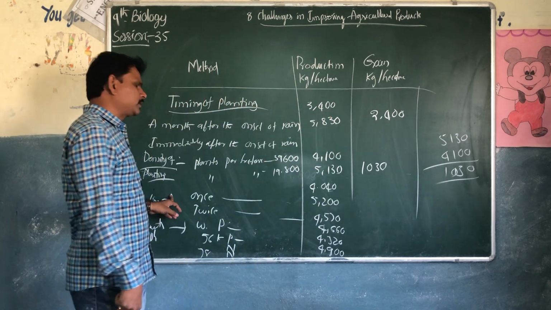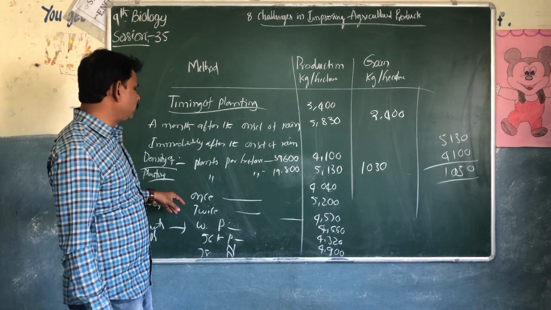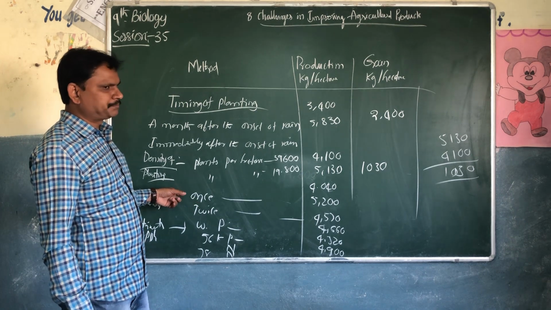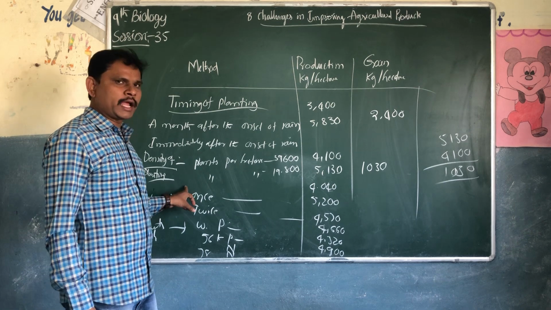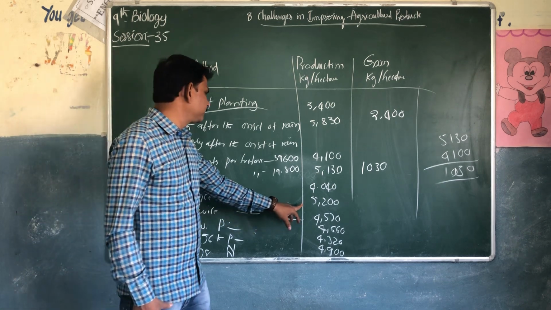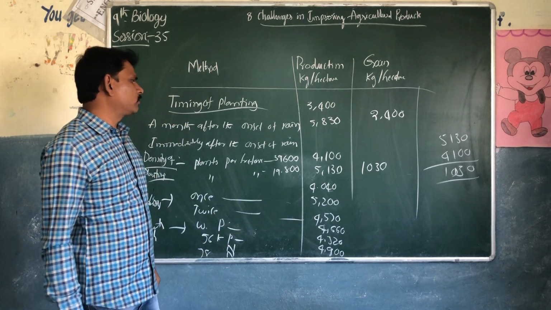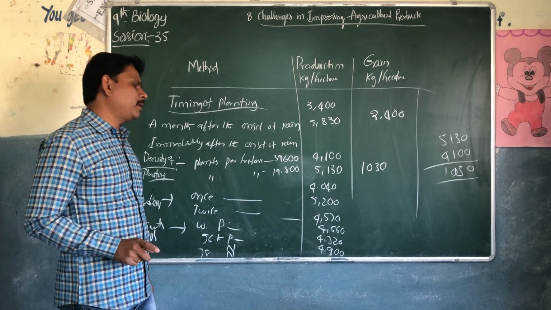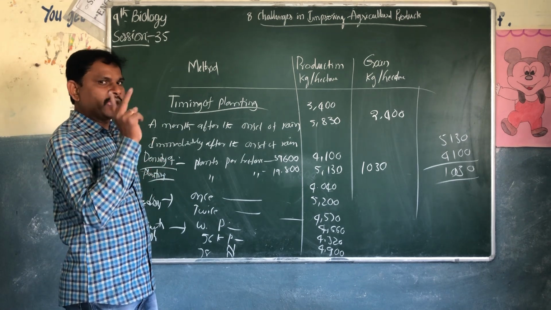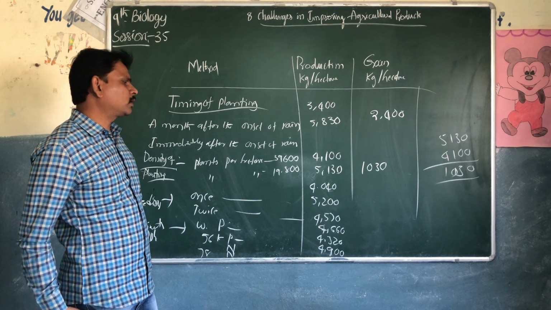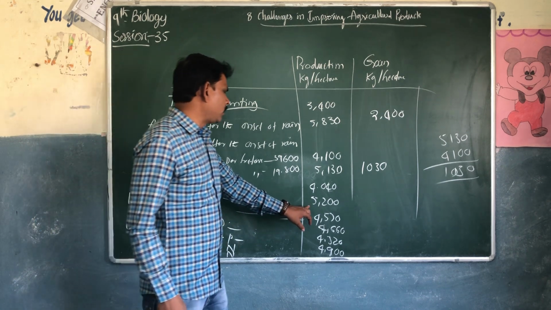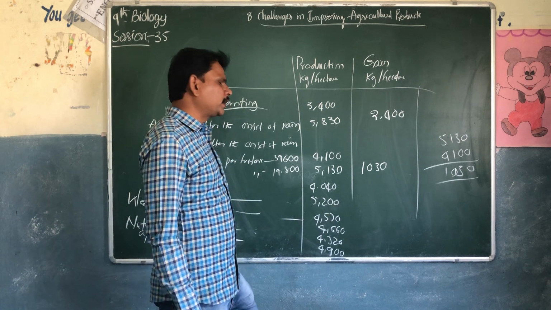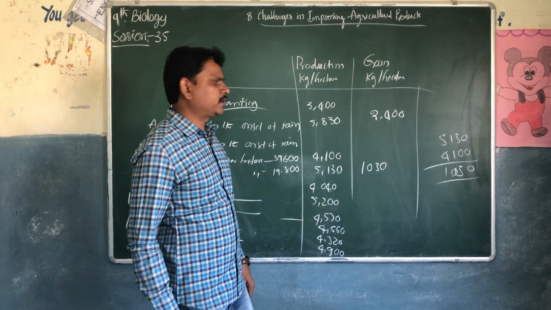Look at the farmers: the one who removed the weeds one time after sowing the seeds got around 4,040 kg per hectare. Another farmer removed the weeds twice and got around 5,200 kg per hectare.